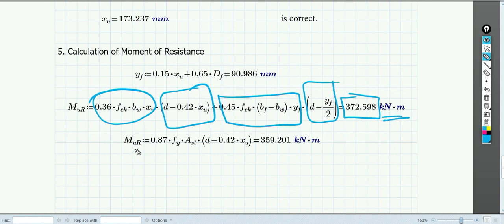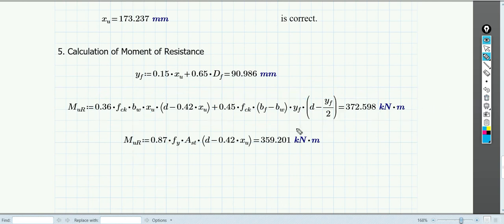And if you consider the moment of resistance from tension, that means from the steel perspective, assuming it is in yielding condition, that is 0.87 fy Ast (d minus 0.42 Xu), it comes to 359.201 kilonewton meter. You can see that the moment of resistance for steel is less than what you can consider for concrete, 372.